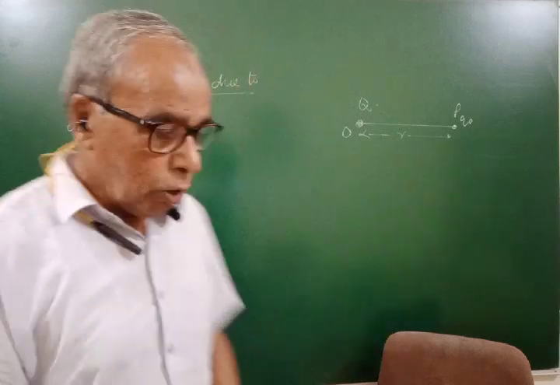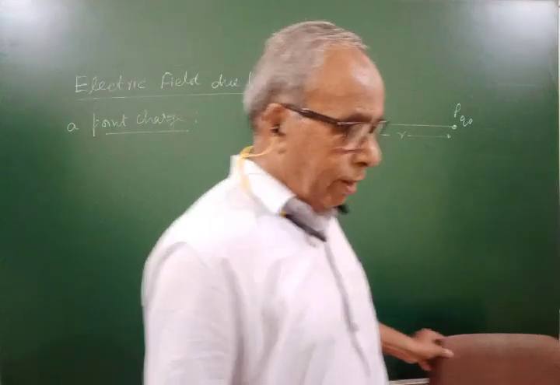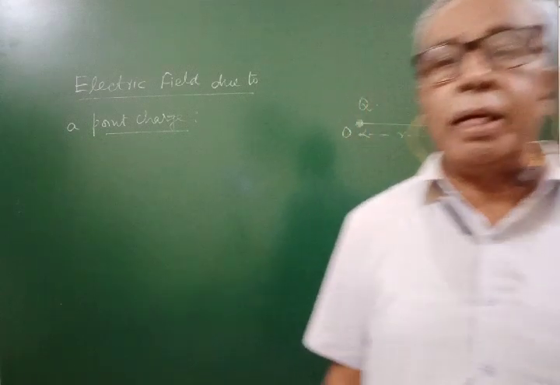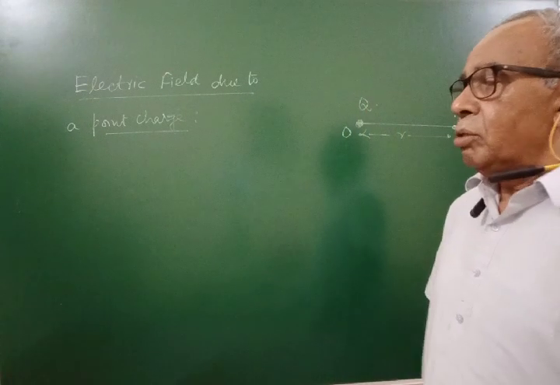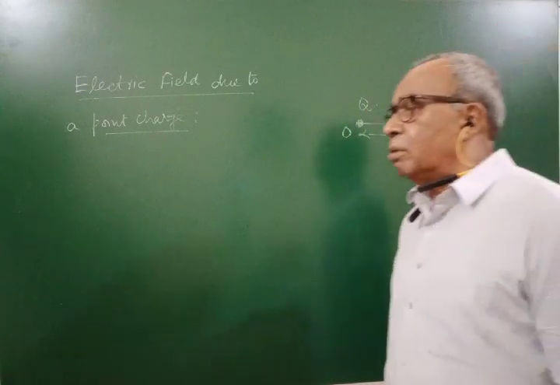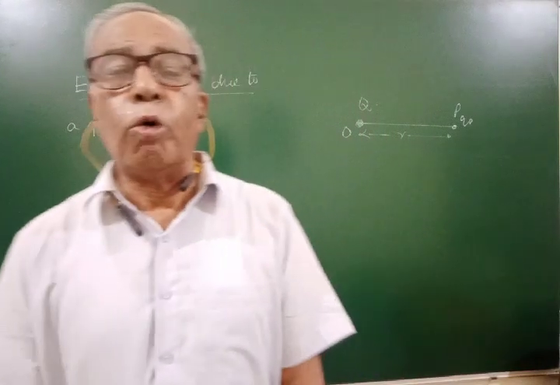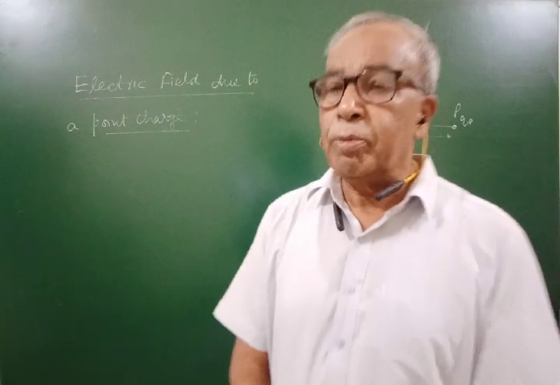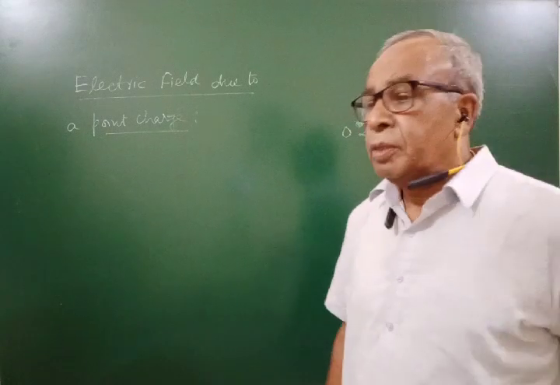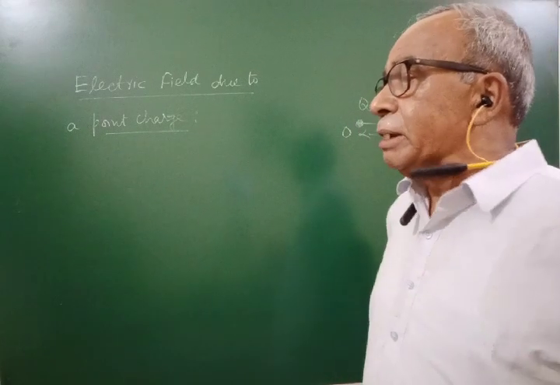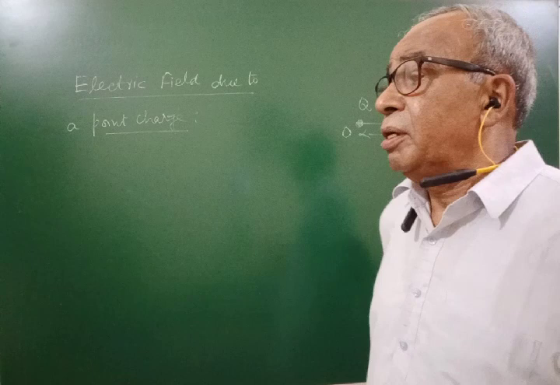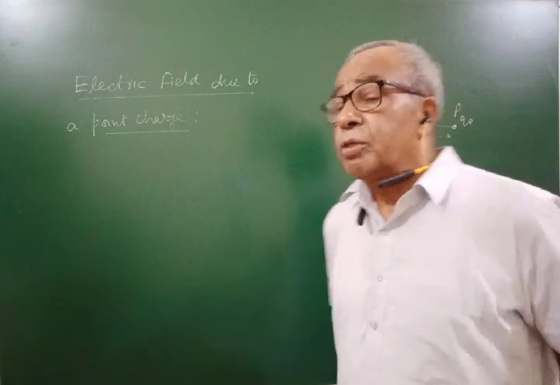In the previous video, I defined electric field and electric intensity. By definition, the electric field is the force acting on a unit positive charge. It means electric field is measured in terms of force acting on a unit positive charge.